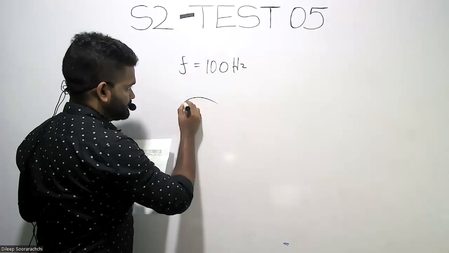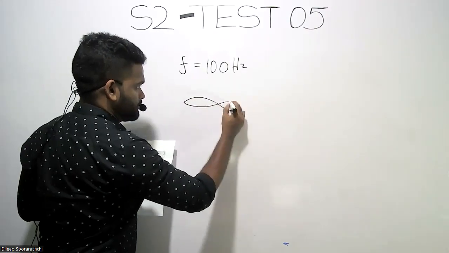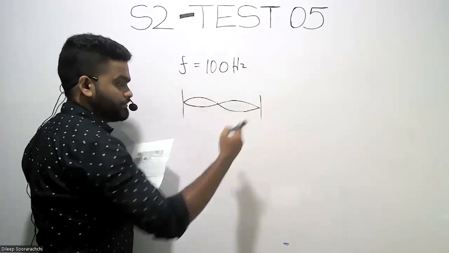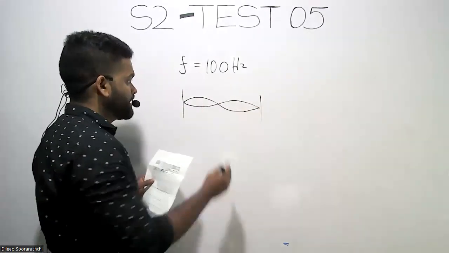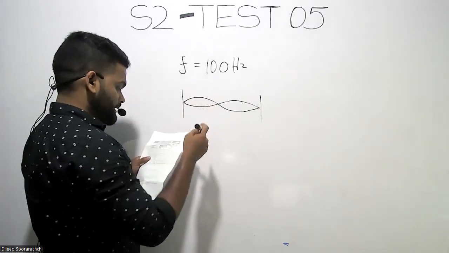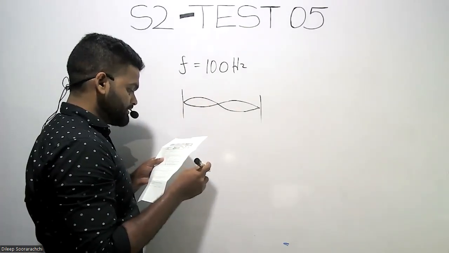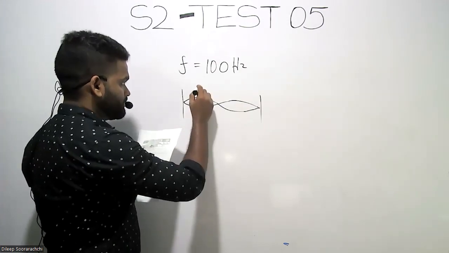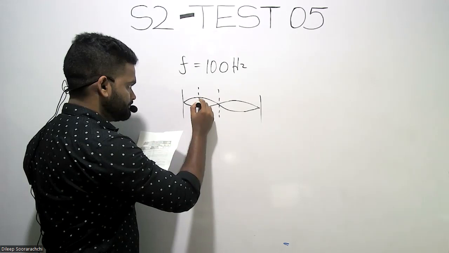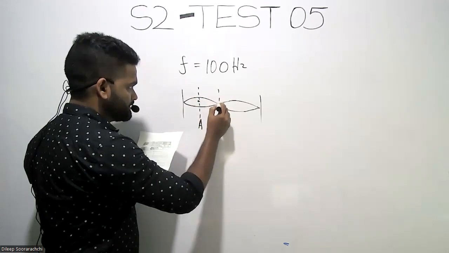Let's say those two created a standing wave like this. Let's say this could have many loops more than this. This is just for example. Then they have given a distance between consecutive antinode and a node. So this is an antinode, this is a node.